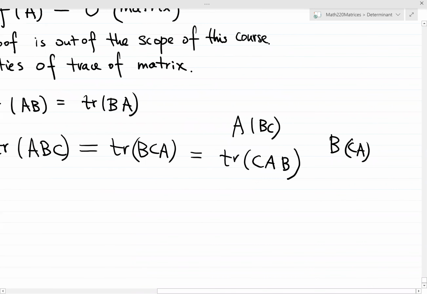If you switch again, then you actually get trace ABC.